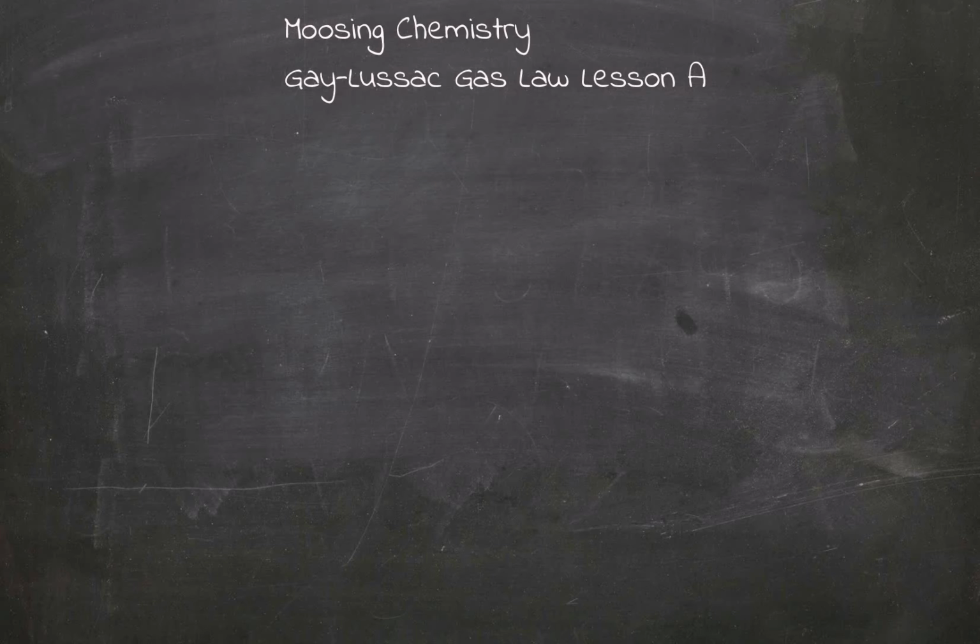Previously we learned that Gay-Lussac's law is a pressure-temperature relationship where P1 over T1 equals P2 over T2. And like I said before, you should write it like this: P1 T2 equals P2 T1, which makes it linear and a lot easier for us to process.